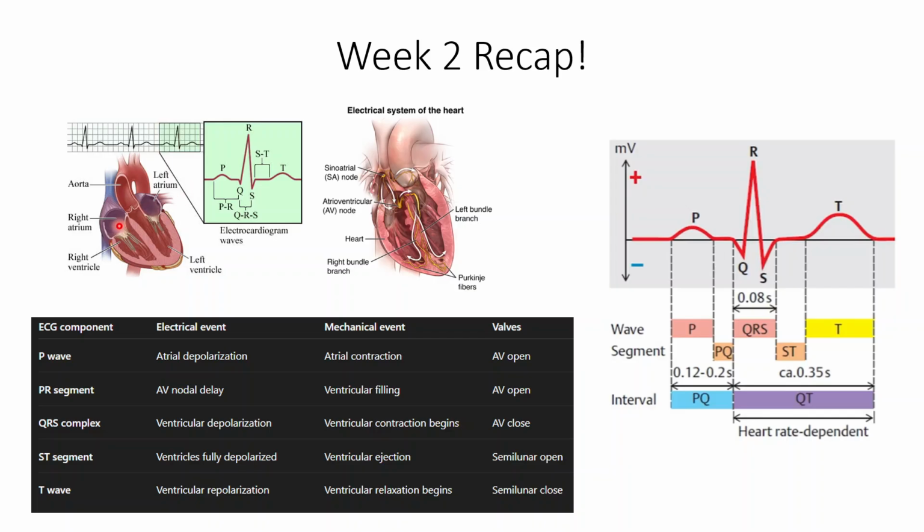That the atria are pumping the blood actively into the ventricles. During this time, the atria are contracting, the ventricles are relaxed, that will allow them to fill up with blood. And then during this PR segment, the ventricles are in diastole, essentially.